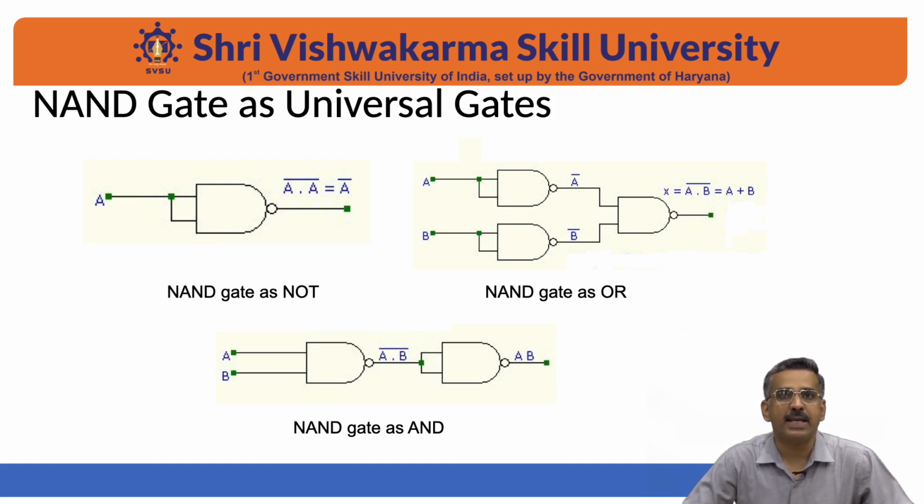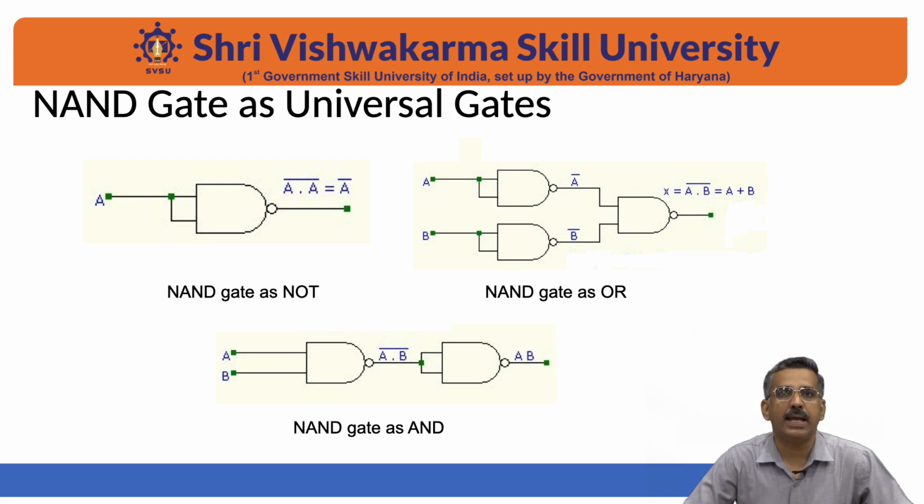Now, the second figure: if we arrange the 3 NAND gates in this manner, the output operation is equal to A plus B. In this case, the NAND gate is acting like an OR gate because the logical expression is A plus B. Now let us see the third arrangement.